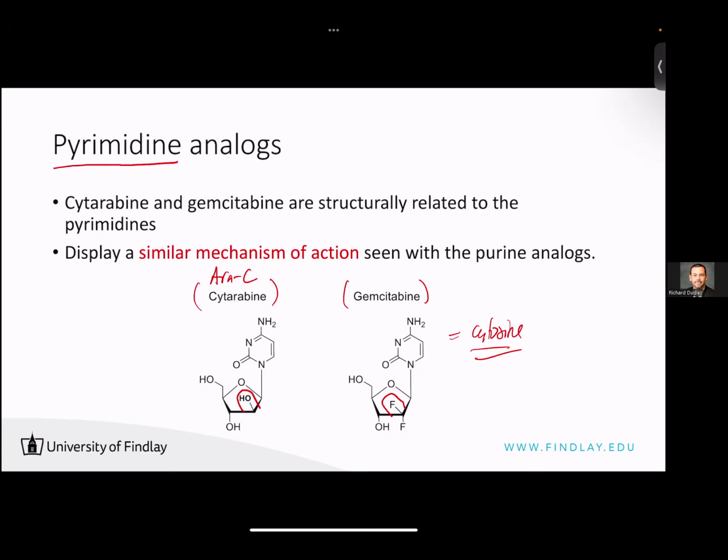And if the concentration is high enough, these drugs will win out. Okay, and then I will make mention of one other interesting effect. Gemcitabine also inhibits ribonucleotide reductase, very similarly to what we just described for the purine derivatives. Okay.